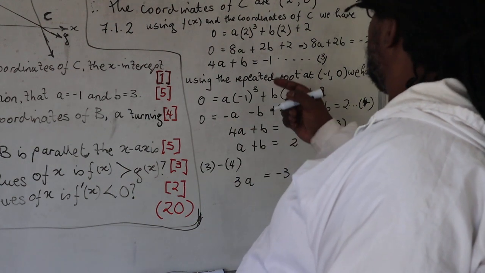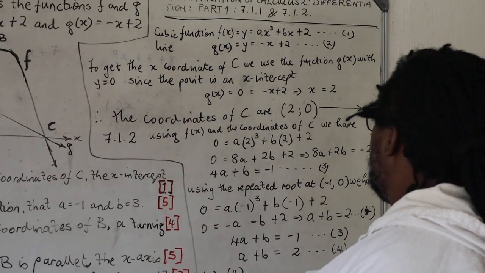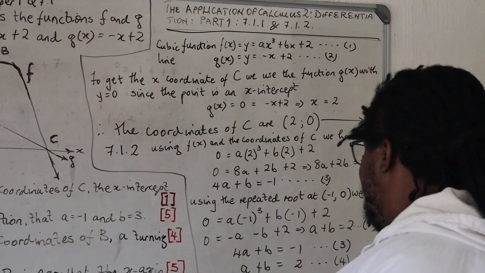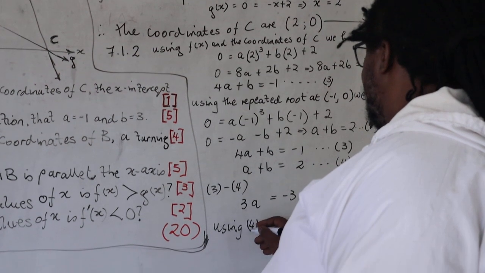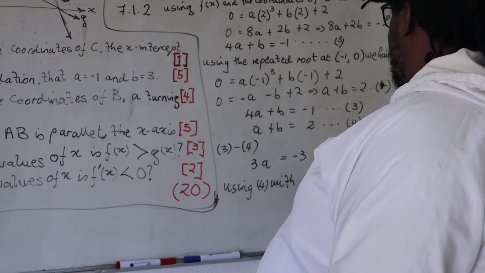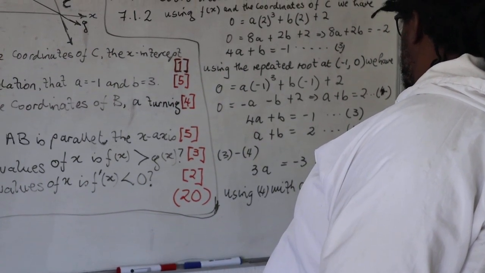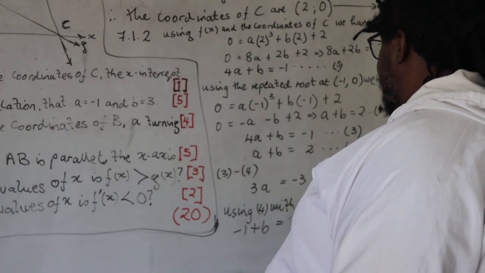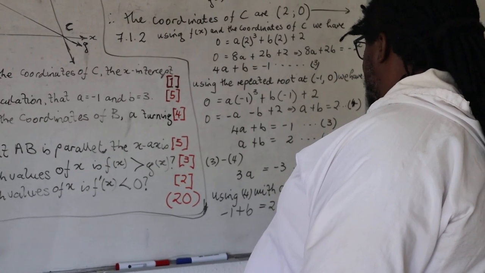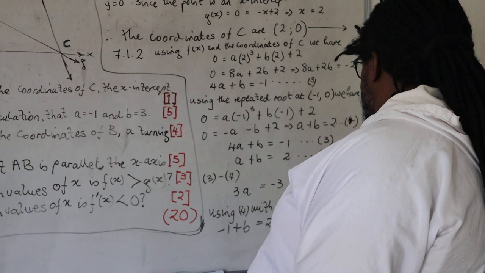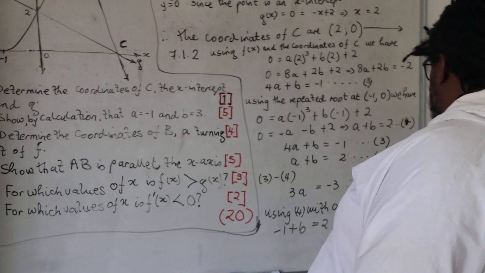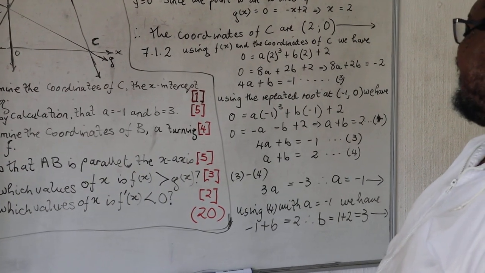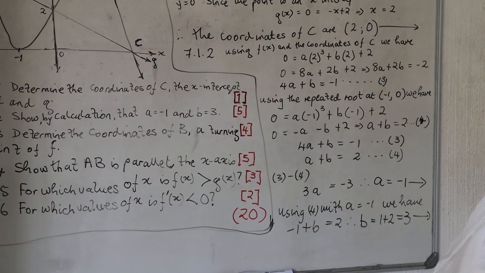Then we use equation 4, with a equals -1, we have -1 plus b equals 2, and therefore b is equal to 1 plus 2, which is equal to 3, and we have shown that b is equal to 3 indeed, as required by the question, and part 1 of this question is done.